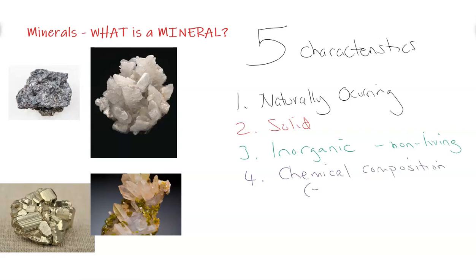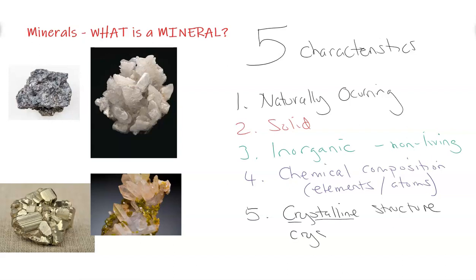That basically means elements and atoms. It's made of certain elements and certain atoms. Okay, fifth one. With all these naturally occurring, solid, inorganic, chemically composition, looking at the crystalline structure. Now, when you see the word crystalline or crystal, you think mineral.